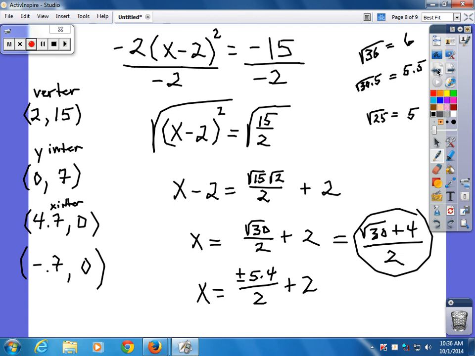Somebody take the square root of 30 and divide it by 2. What do you get? How much? 2.7 plus 2 is 4.7. And negative 2.7 plus 2 is 0.7. All right, well, we'll check it.